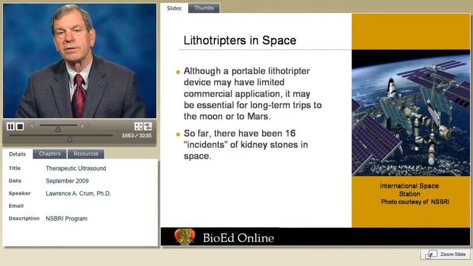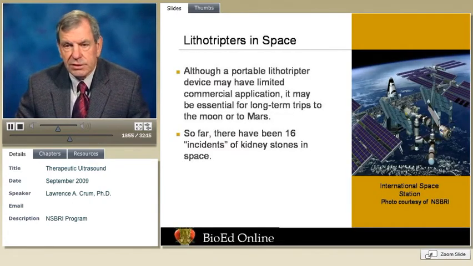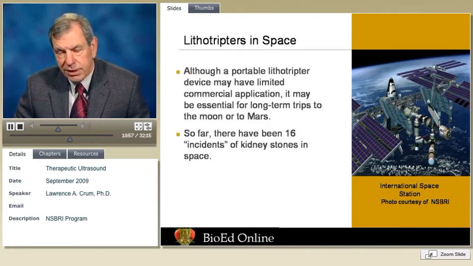I mentioned earlier that because astronauts in microgravity do not stress their large bones, they tend to dump calcium very rapidly. In fact, typical data indicate approximately 1.5% of the bone mass a month. And so a lot of this calcium is dumped through the kidneys, and if one tends to have kidney stones, then these kidney stones can form in the kidney in a short period of time.